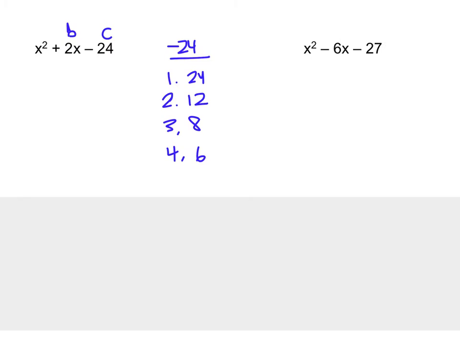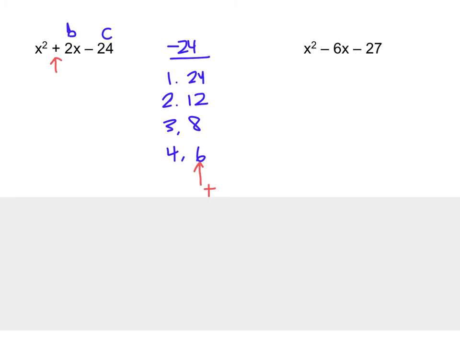Whatever your B value is, positive or negative, so see how we have a positive 2? The larger factor in the pair will have the same sign. So if you make sure that your larger factors within each pair are matching the sign of your B value, then we're going to get to that factor pair we need much faster.